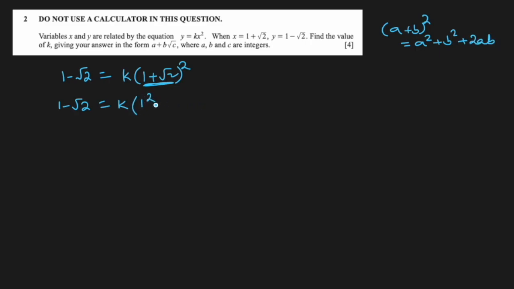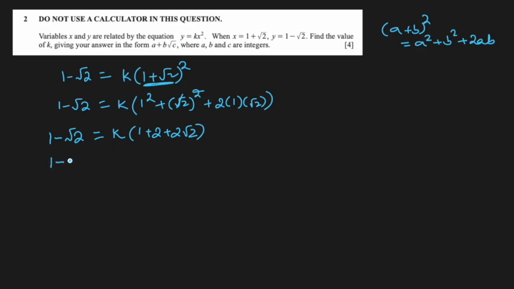So 1 square plus square root 2 square plus 2 times ab. Okay, 1 minus square root 2 equal to k, 1, and this square root and square cancel, plus 2 square root 2. So 1 minus square root 2 is equal to k times 1 plus 2 is 3, 3 plus 2 square root 2, and I'm writing k later, doesn't matter. Multiplication is a commutative property, you write first or last, doesn't matter.